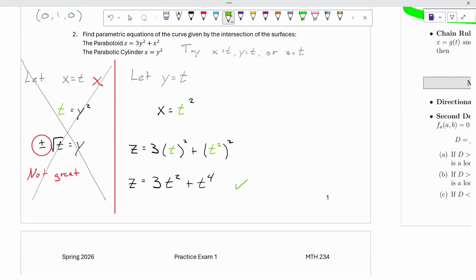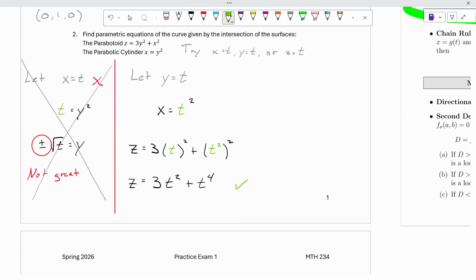So I don't want to try that one right away. And then within my relatively simple equation, x equals y squared, I look for even powers, because I don't want to try to unpack or undo an even power because I often don't get functions when I do that. So since y has an even power, I don't want to undo that. So I'm going to try y equals t as my first choice.